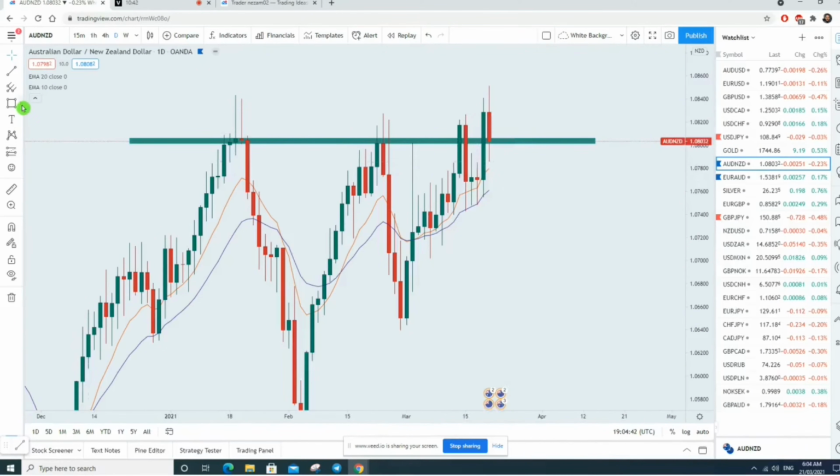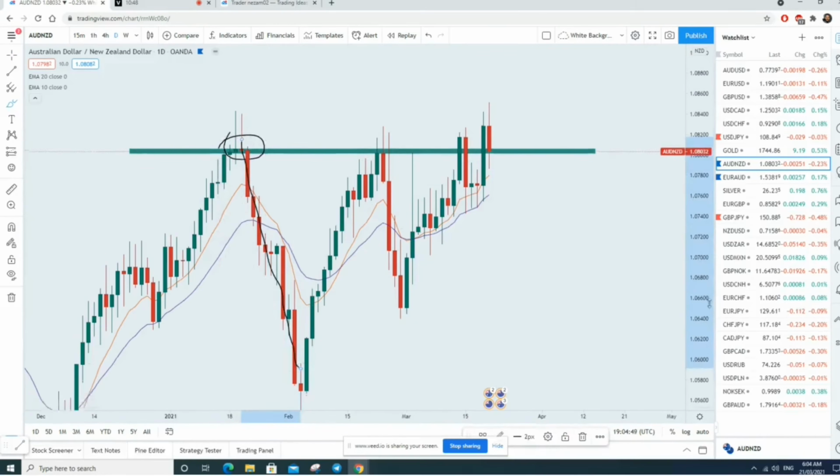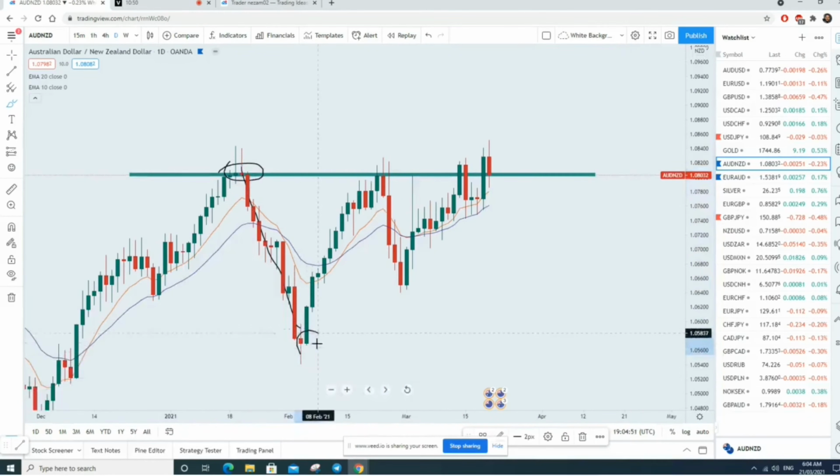The price came here and at this point the seller pushed the price back to this point, and from here the buyers took control. They pushed the price back to the point where it was before. So that is point number 1, point number 2. Now we can draw a resistance around it.